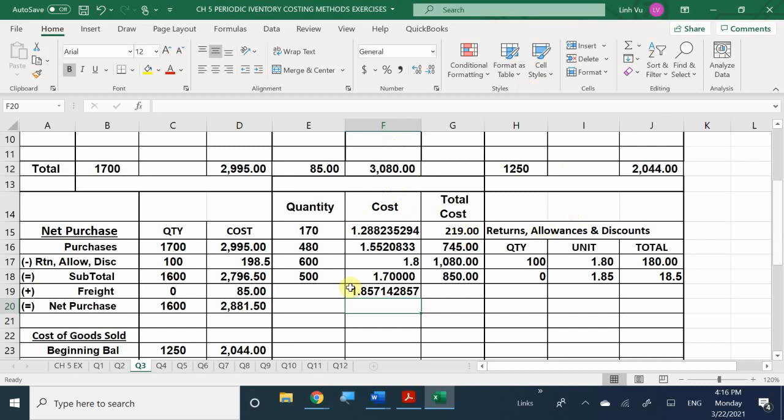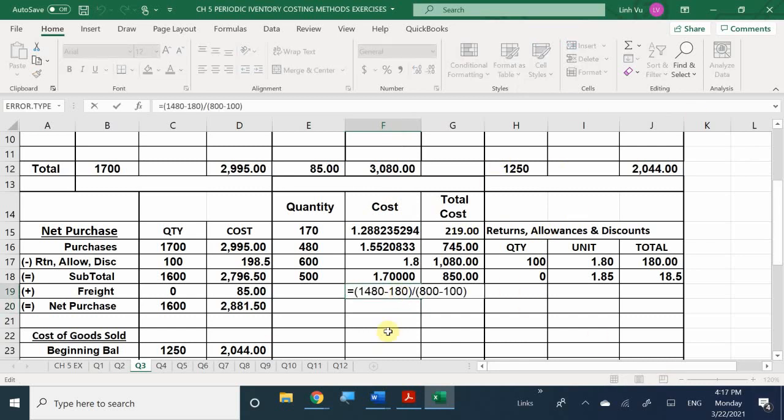Your formula again? So once again, here you go. So I have to type this in because I need to make sure that I have my thoughts clear, right? Taking the total cost of the 800 items, subtracting out what I returned. Okay, same thing with the quantity. I started out with 800. I'm going to subtract out what I returned, 100. All right, so in this case, I'm doing two math problems combined into one.